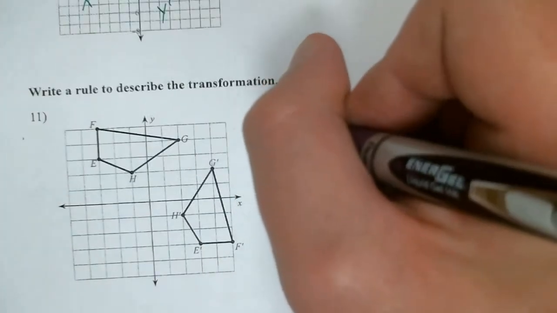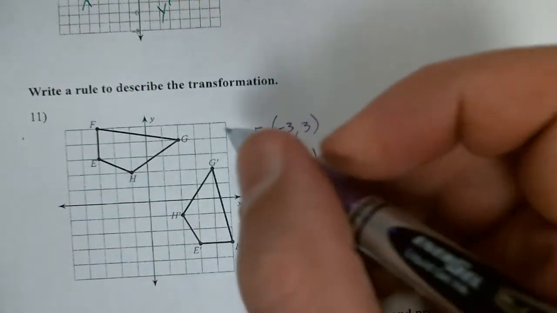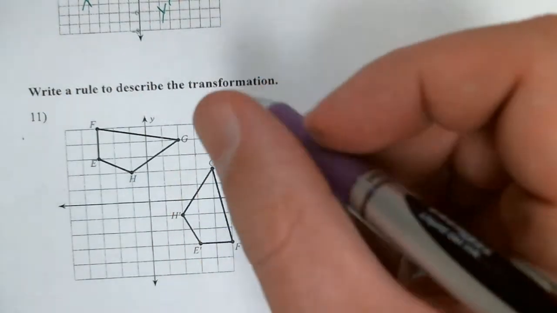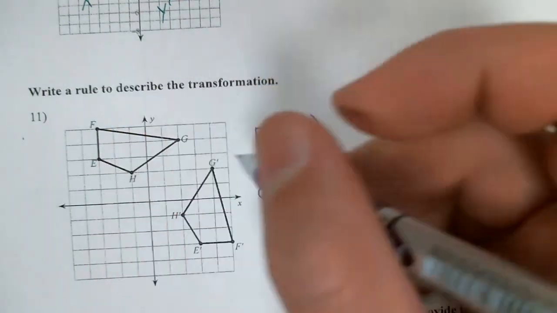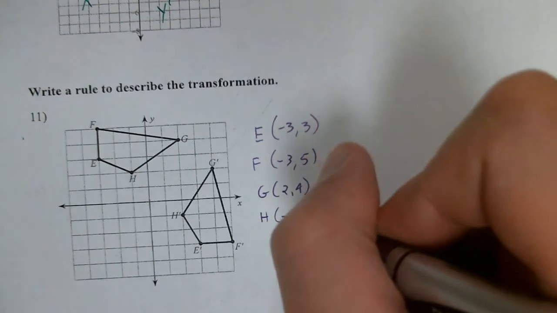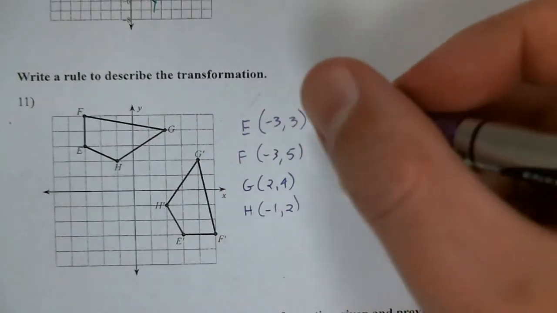Let's find the points. E is going to be left 3, up 3. F is going to be same thing, left 3 but up 5. G is going to be right 2, up 4. And H is going to be left 1, up 2. Okay, now let's look at the transformed image.